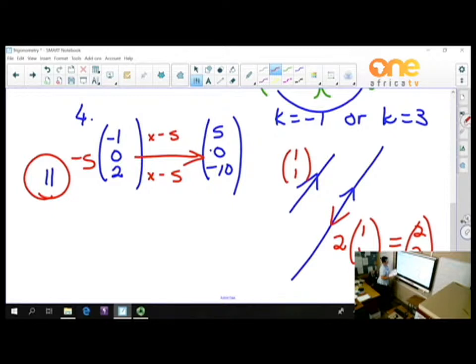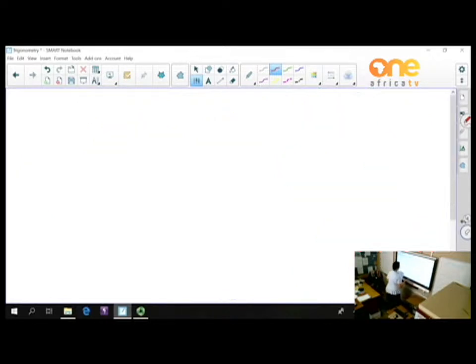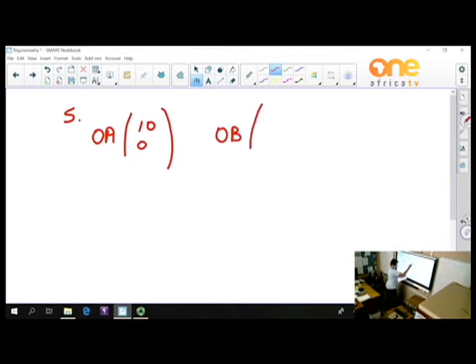Right, the next question is question 5. There we have the vector OA, which is (10, 0), and we have the vector OB, which is (-6, 8). There's my two vectors there. Now, in the first place, they want you to find BA.